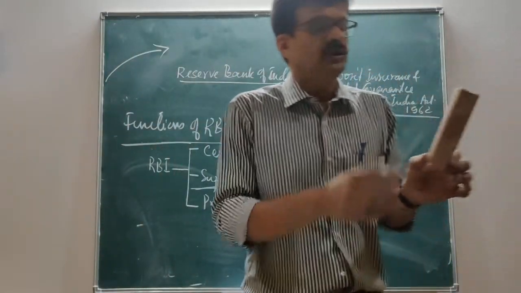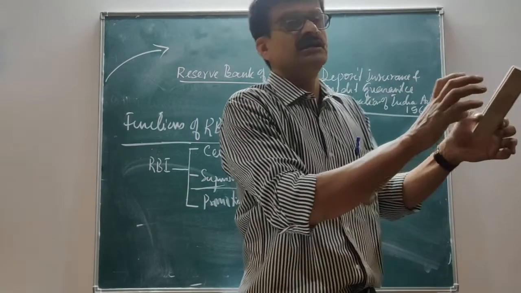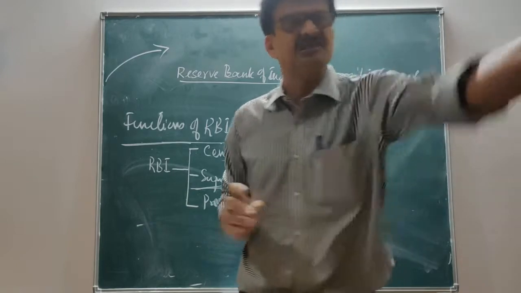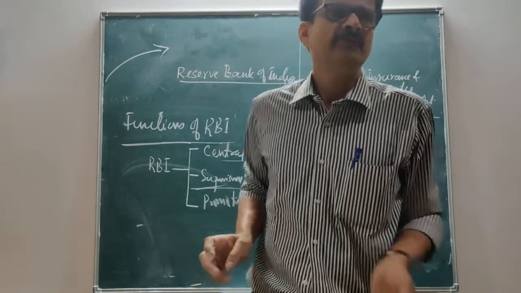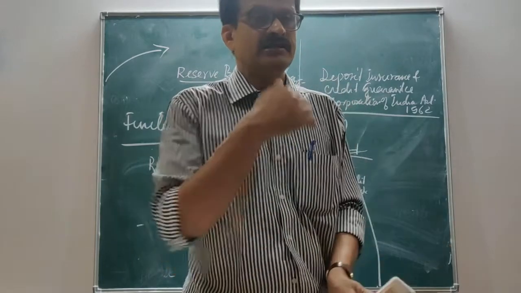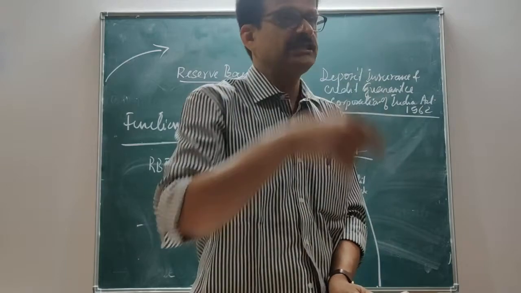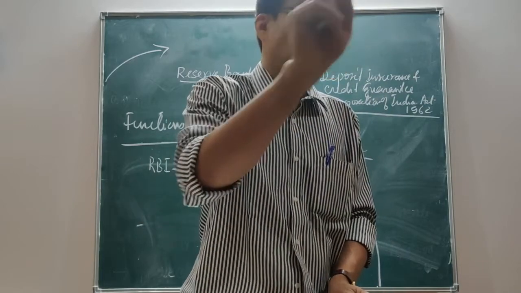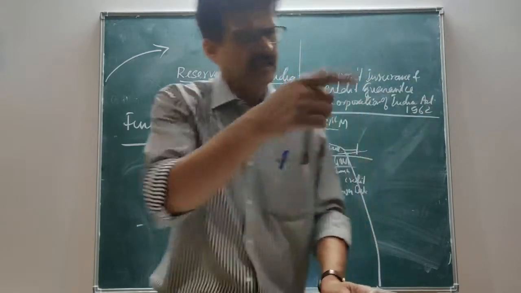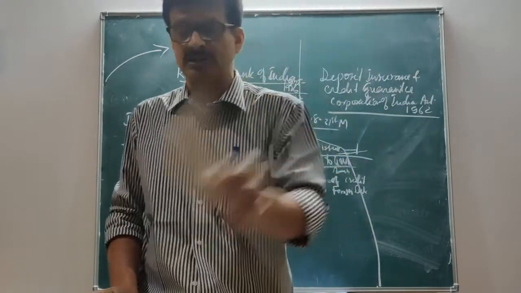What will RBI do? Hey, Mr. Commercial Bank, purchase this, sir. Its value is 500 crore. You purchase this. When RBI says you have to purchase, either it will sell or it will purchase. In other words, you will purchase means I will sell. You will sell means I will purchase. That is there, don't worry. And it has got the highest value moreover because it is a government security.